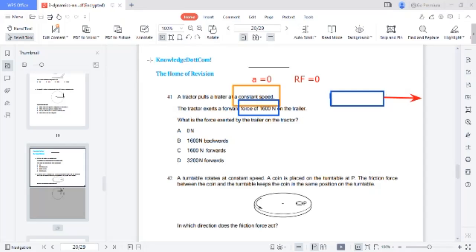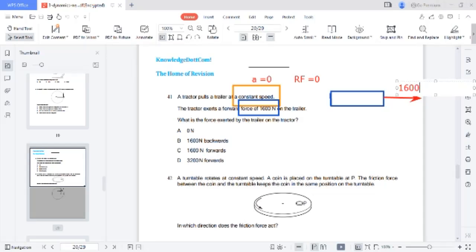600 newton is acting on it in a forward direction. What is the force exerted by the trailer on the tractor? So the tractor is actually pulling in a forward direction. So 1600 newtons is acting in the forward direction.